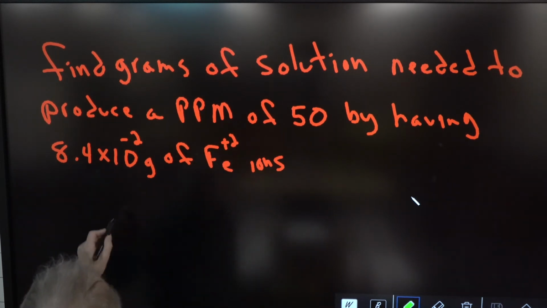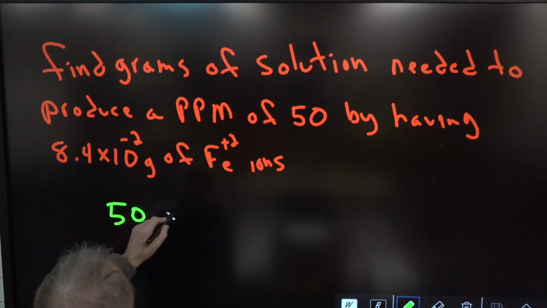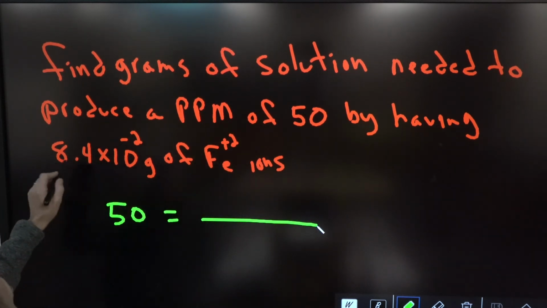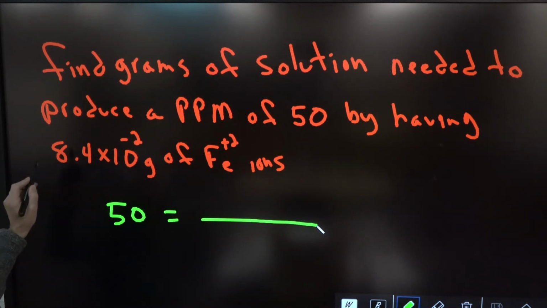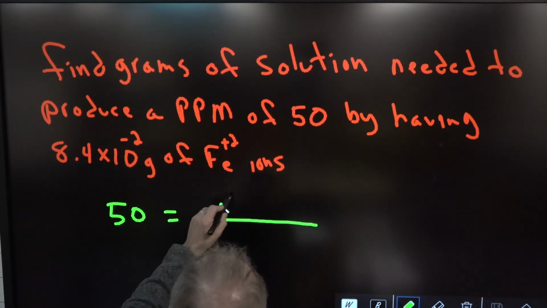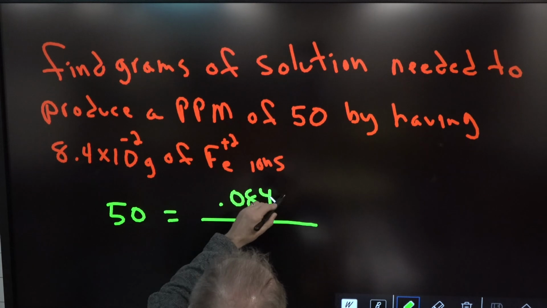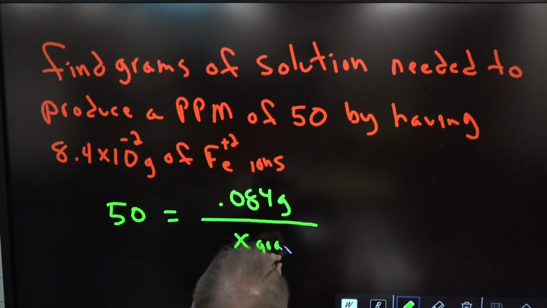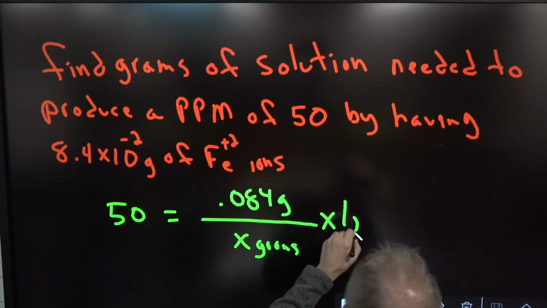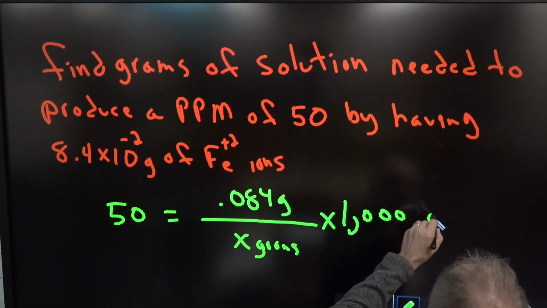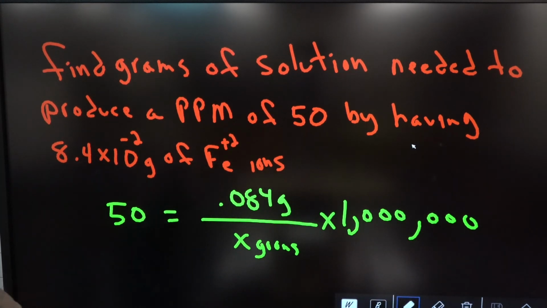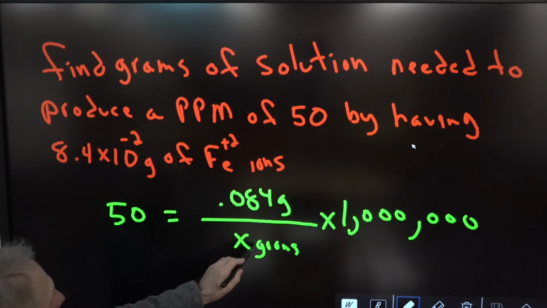So we're going to go 50 equals on top, change this out of scientific notation, 0.084 grams. And this is going to be x grams times a million. Okay, so now we're looking at this, and what we have to do is multiply that by that.